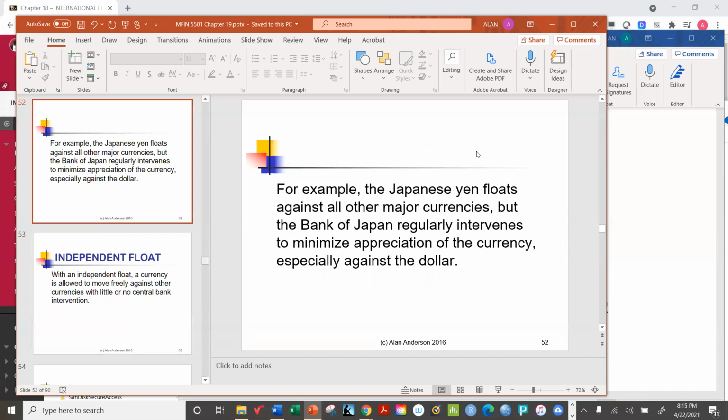All right, so the yen. Now, the Japanese central bank was notorious for many decades for artificially keeping the yen weaker than it otherwise would have been. And what was the point of that? To keep their exports as attractive as possible. And so they were constantly annoying their trading partners who would periodically threaten them by saying, listen, if you don't stop doing that, we're going to impose tariffs on your products.